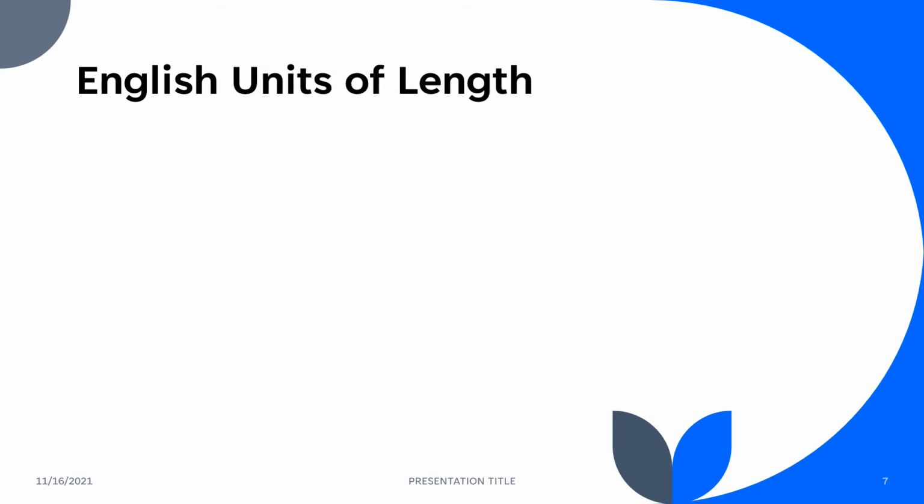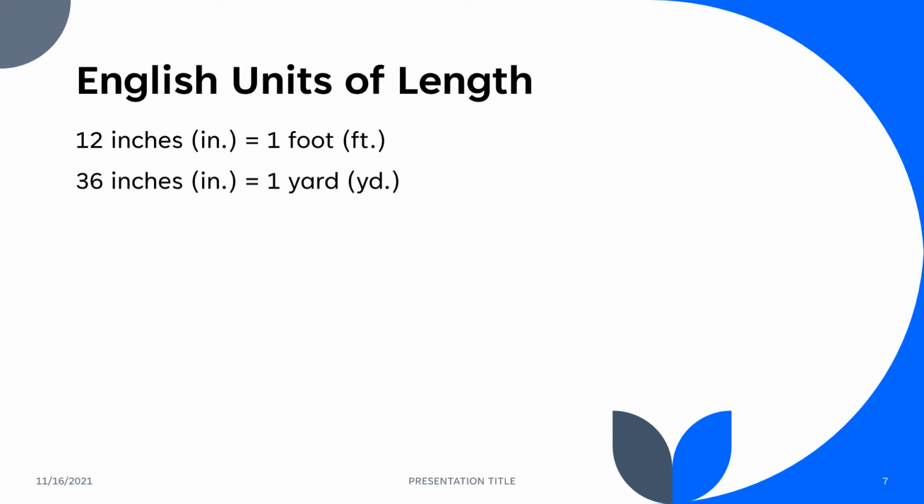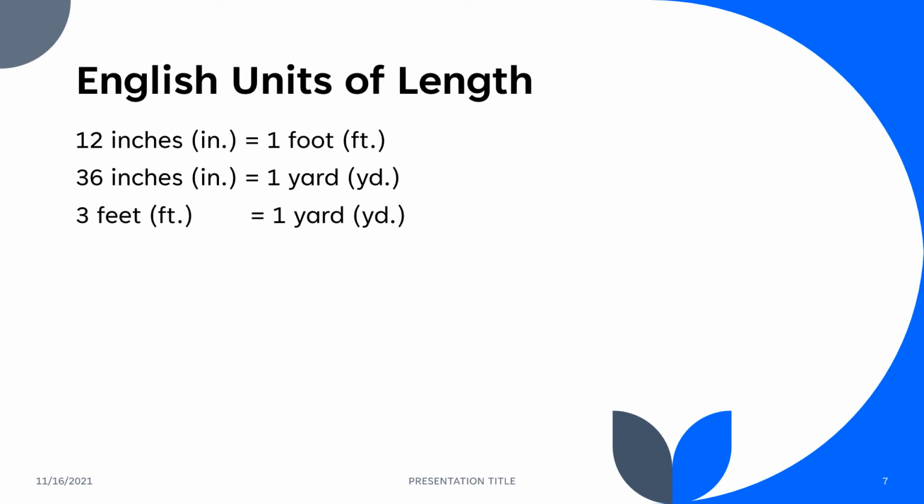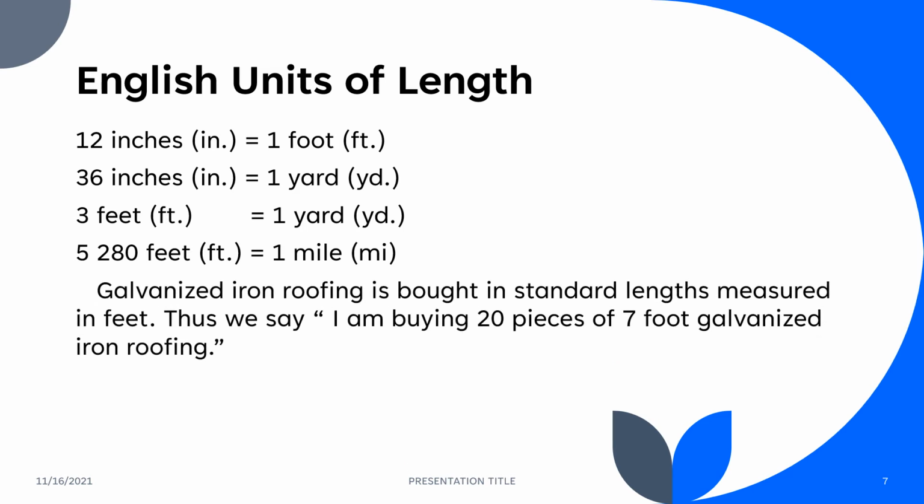Next, we have the English units of length. For the English units of length, we have 12 inches is equal to 1 foot, 36 inches is equal to 1 yard, 3 feet is equal to 1 yard, 5,280 feet is equal to 1 mile. Galvanized iron roofing is bought in standard lengths measured in feet.